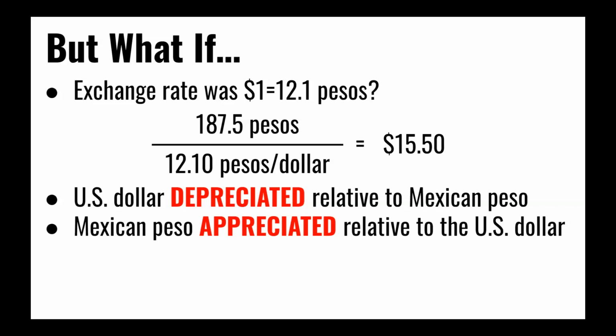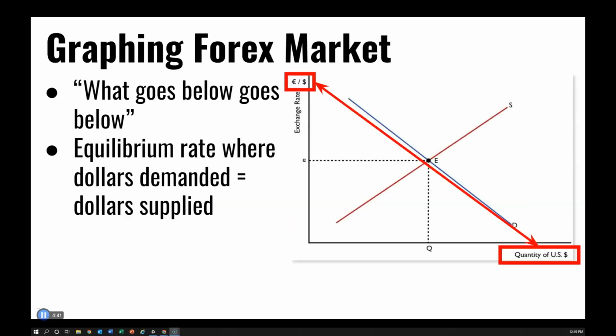The US dollar doesn't buy as many Mexican goods as it used to. It's going to take more dollars to buy the same shirt, because the price hasn't changed in Mexican pesos. It's just changed in terms of American dollars, because that American dollar is weaker. And conversely, we could say that the Mexican peso has appreciated in value relative to the United States dollar.